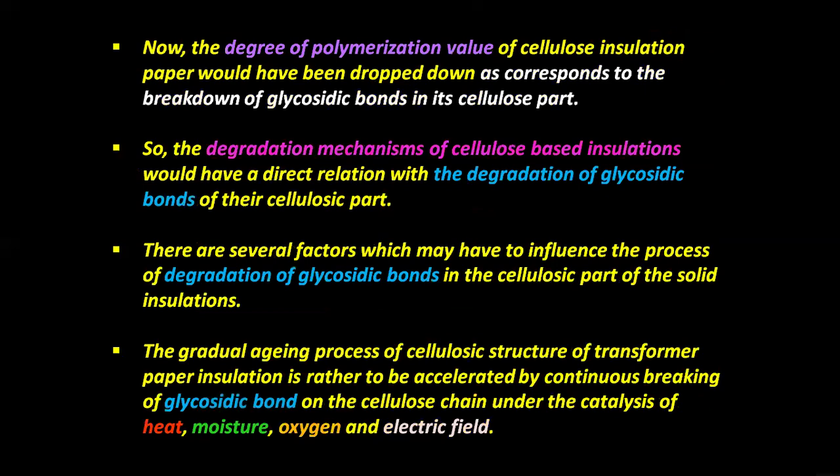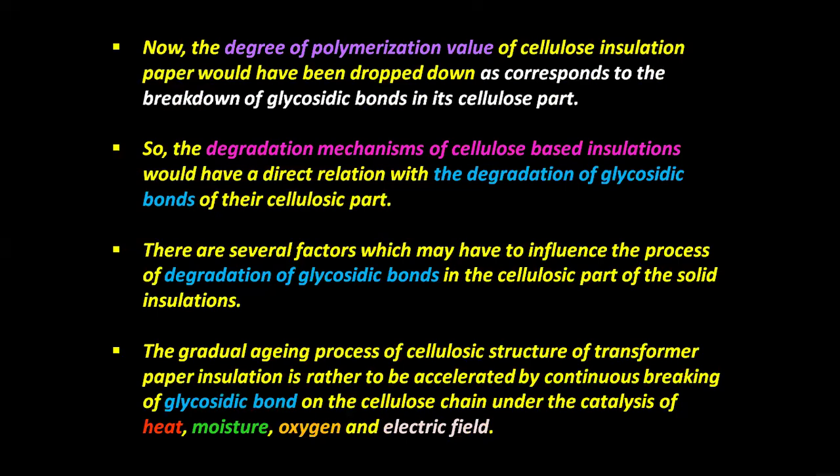Now, the degree of polymerization value of cellulose insulation paper drops as a result of the breakdown of glycosidic bonds in its cellulose part. So, the degradation mechanisms of cellulose-based insulations have a direct relation with the degradation of glycosidic bonds of the cellulosic part.